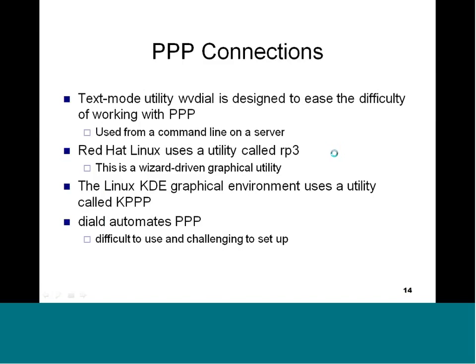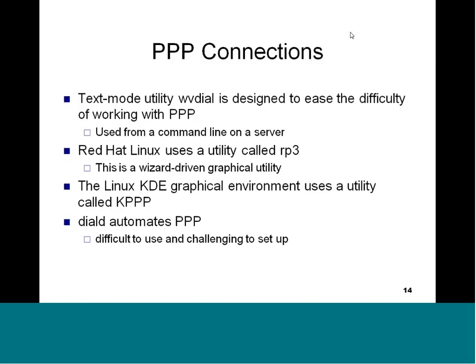So let's look at how this connection will happen. It's a text mode utility called WVDial that works to eliminate all this difficulty in connecting with PPP, and you can use it from the command line in a server. In Red Hat Linux, there's a utility called RP3 which is provided.